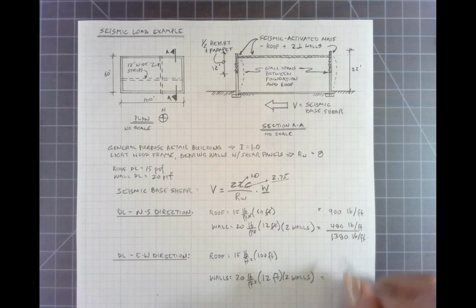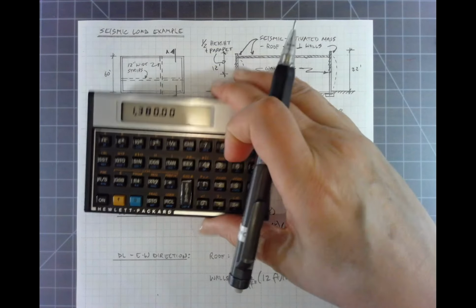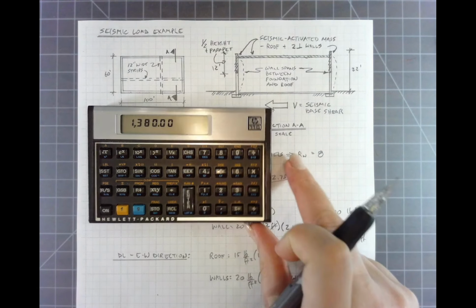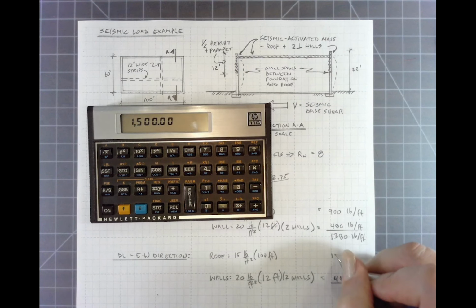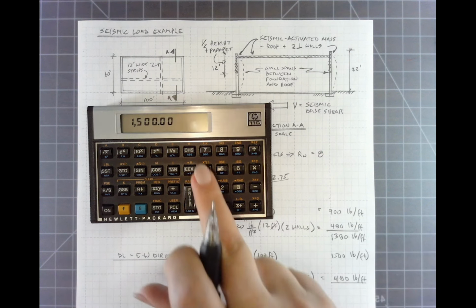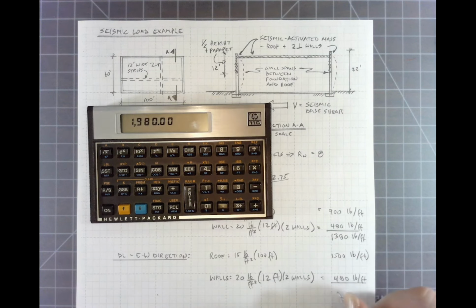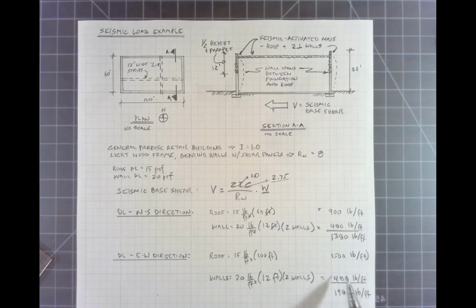So that's 480 for that. So we have our 15 pounds per square foot times 100 feet, 1,500 pounds per foot, plus our 480, 1,980 pounds per foot. So these then are the dead loads that we are looking at that get activated in this seismic situation.